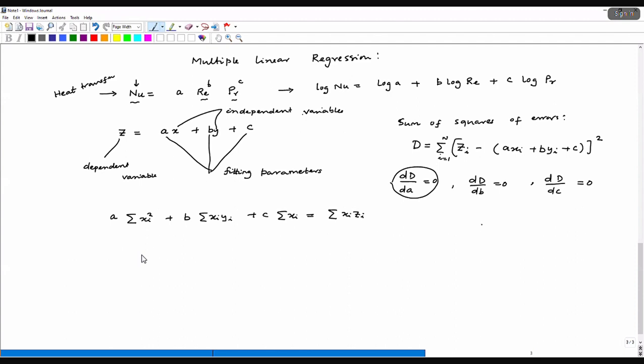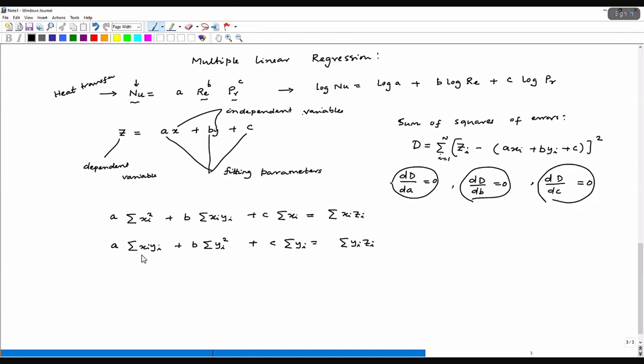Similarly, the second condition will give you A sum of xi yi plus B sum of yi square plus C sum of yi is sum of yi zi.